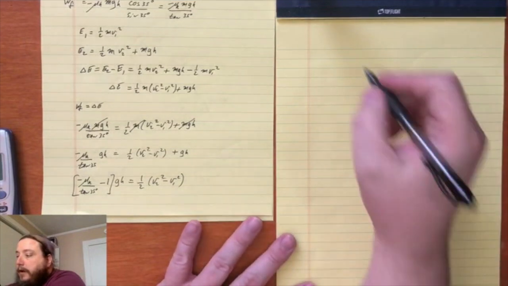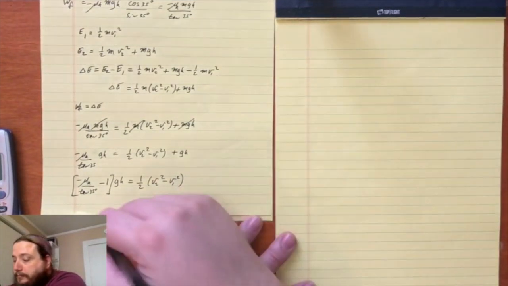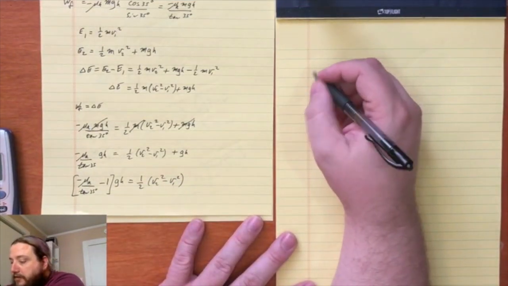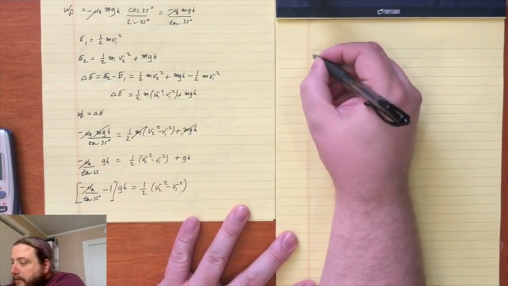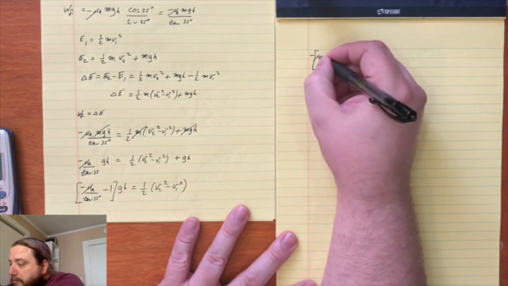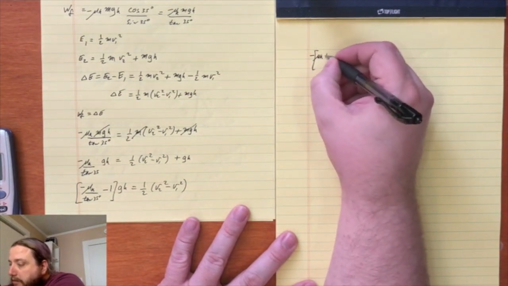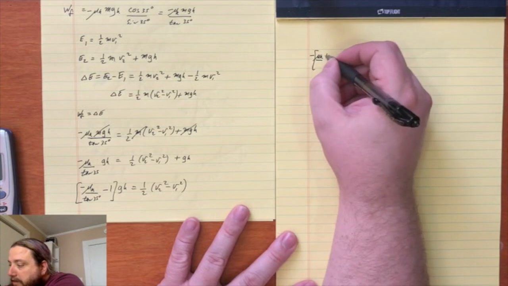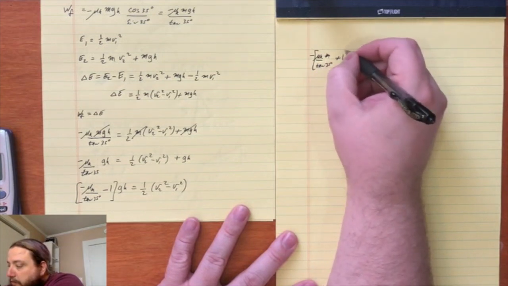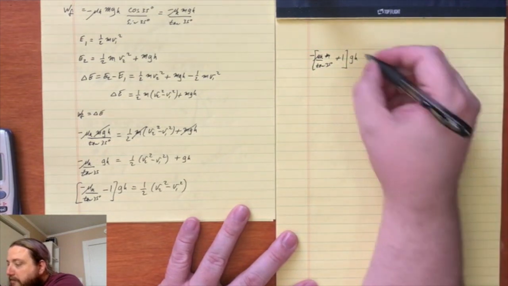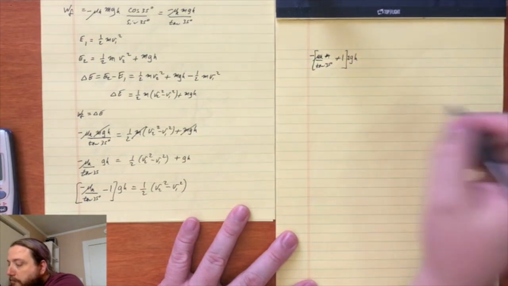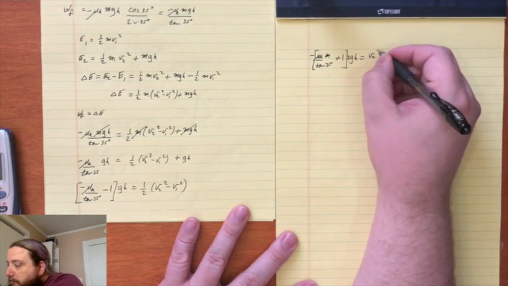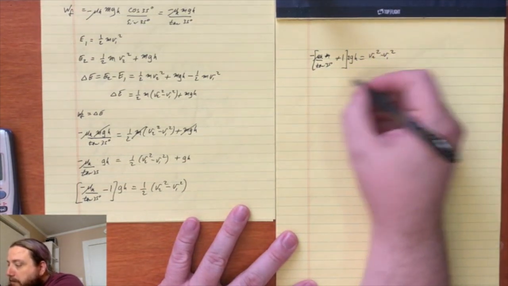All right, and so let's continue. So minus mu k over the tangent of 35 degrees plus 1, times gh. Let's go ahead and move the 2 over, so we'll put the 2 in there, equals v2 squared minus v1 squared.